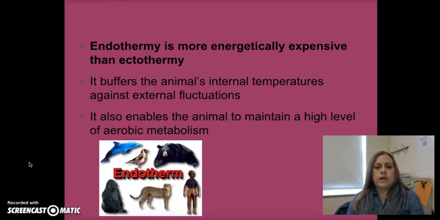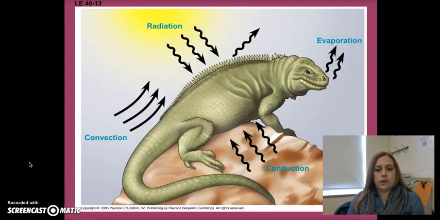So endothermy is more energetically expensive than ectothermy, and it buffers an animal's internal temperatures against external fluctuations. So even if the temperature in the environment is fluctuating up and down, the internal temperature of an endotherm is going to stay very stable. It also enables the animal to maintain a high level of aerobic metabolism as well.